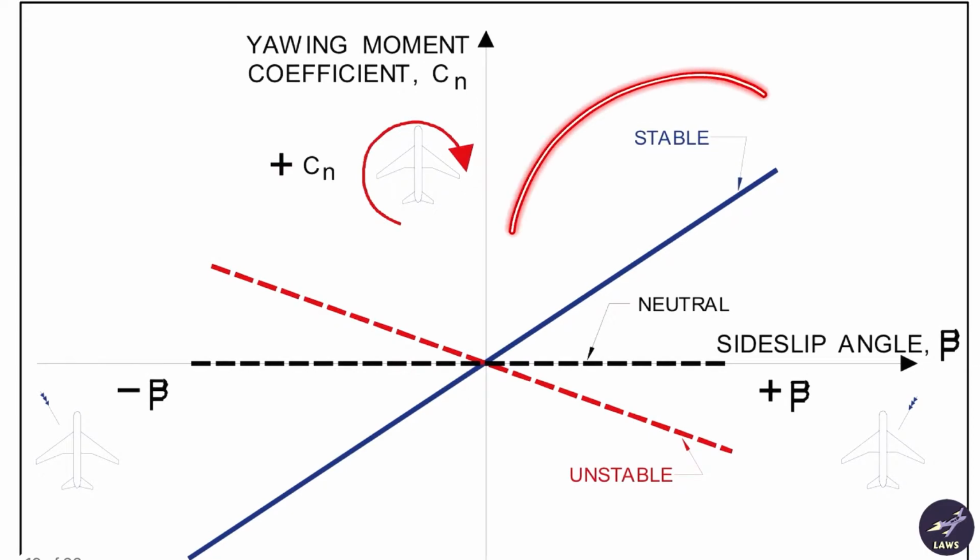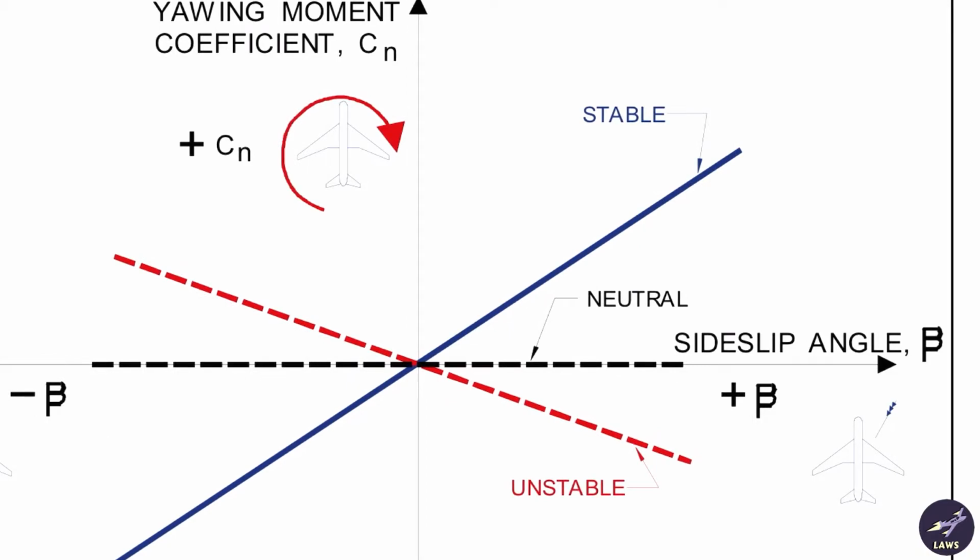In this quadrant, we have positive beta and positive Cn. Positive beta would mean that this is the aircraft's longitudinal axis, and the aircraft is moving towards the right, hence we have the relative airflow coming from the right.